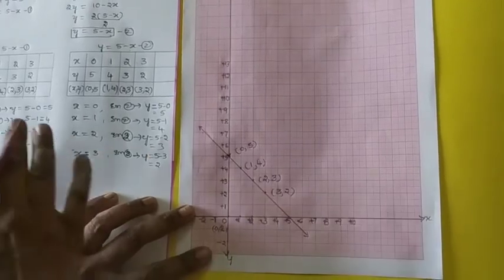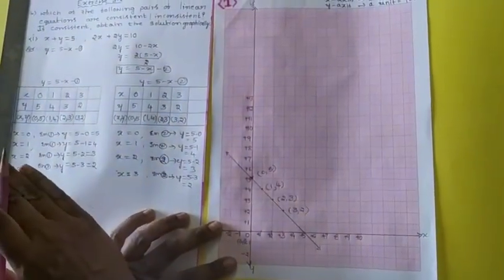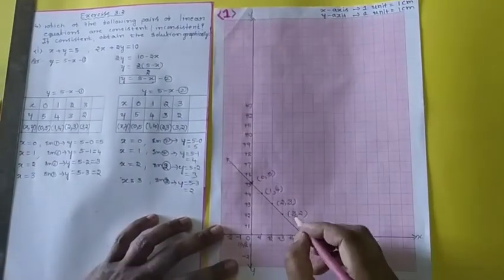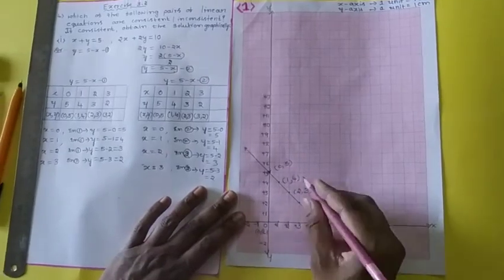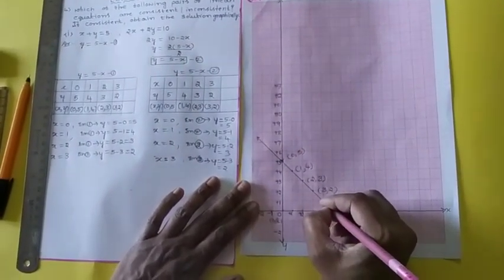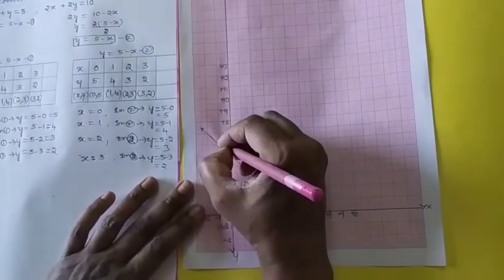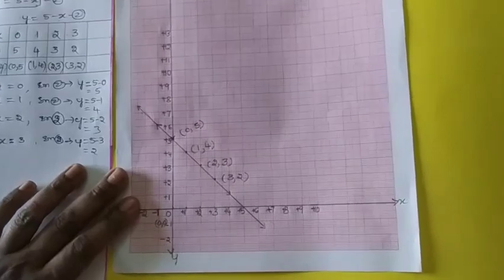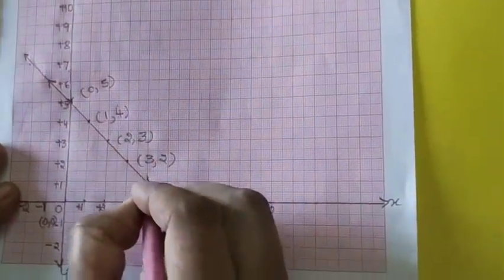Then two equation coordinate points are both equal and same. Then the lines merge in one straight line. Then the given pair of linear equations are coincide lines. Both coordinate points are equal.